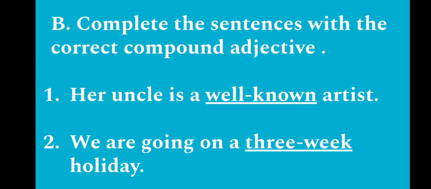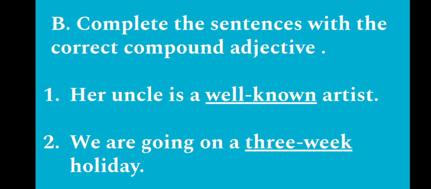The first question. Her uncle is a dash artist. Her uncle is a well-known artist. We have used a hyphen between the words. Well-known artist.